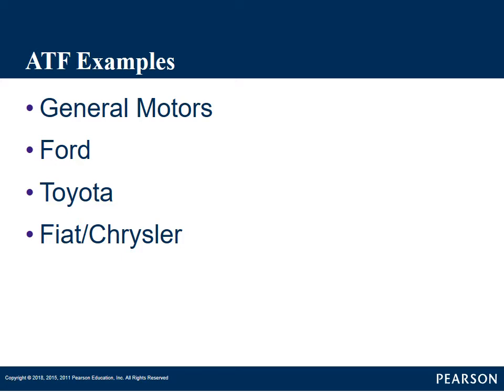Then they jumped to a Dextron 6, which I believe is a synthetic, in 2005. We first saw this in their Allison 5 and 6-speed transmissions, I believe. And GM has kind of retrofitted that to all their older transmissions.